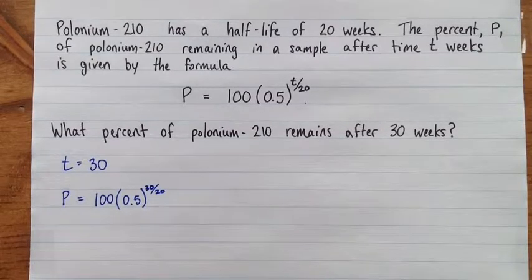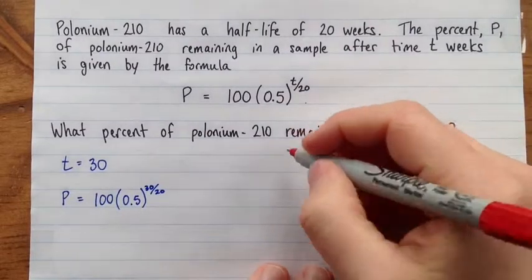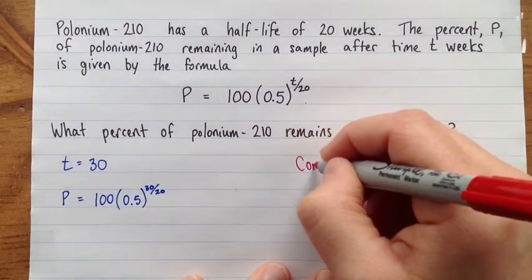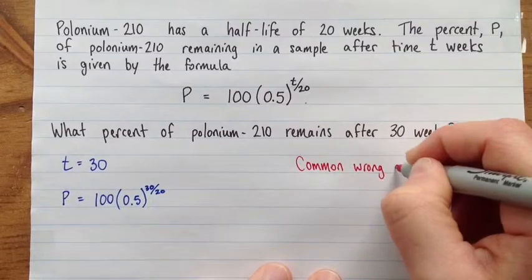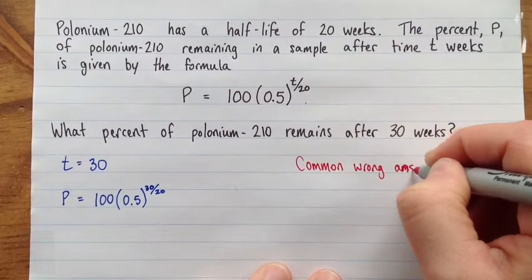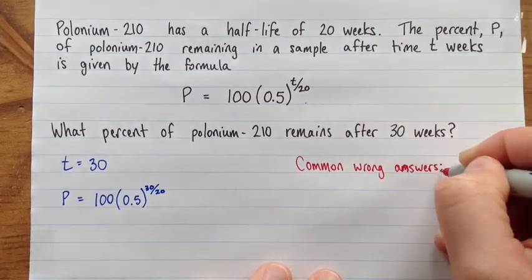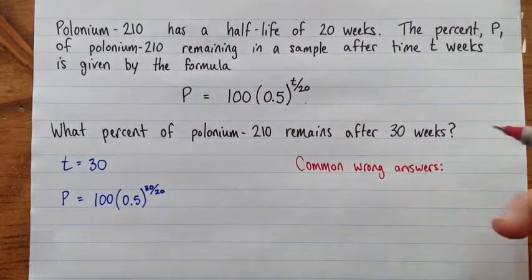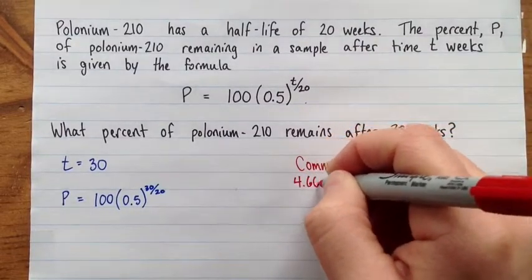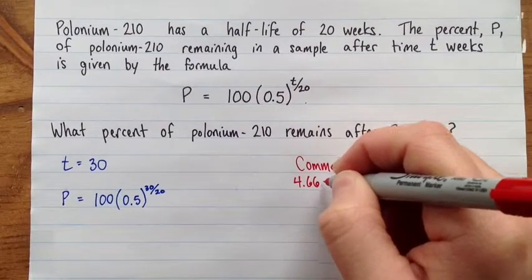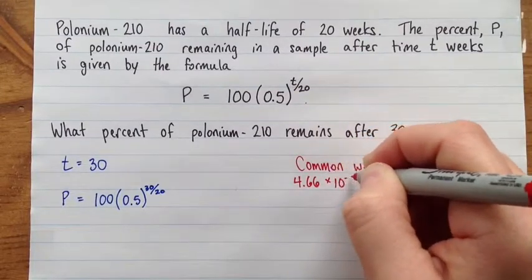Okay. So first of all, I want to just talk about 2 common errors, and you'll see if you made those mistakes. So common wrong answers. So the first common wrong answer would be something like about 4.66, and then it times 10 to the negative 9.